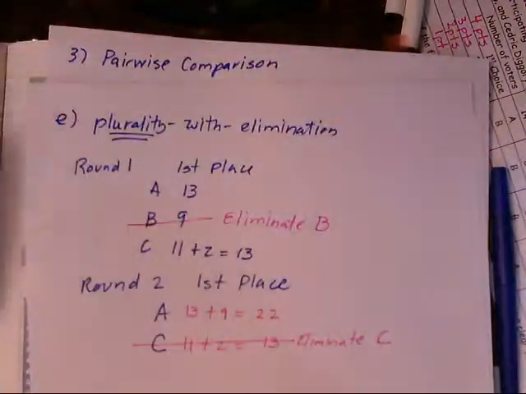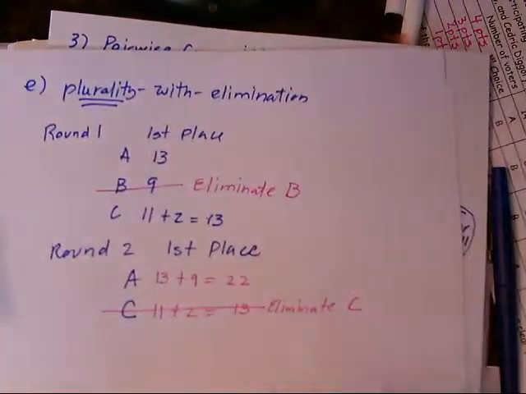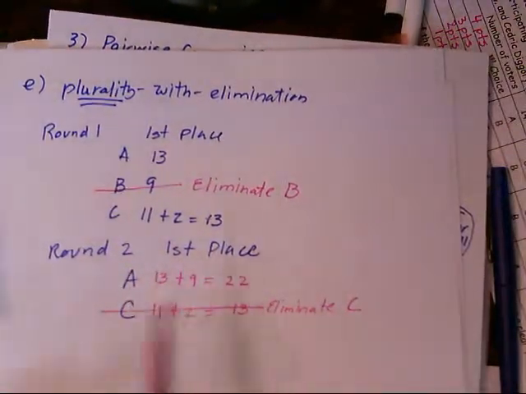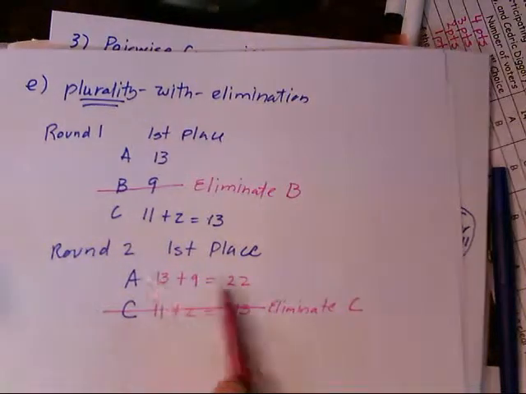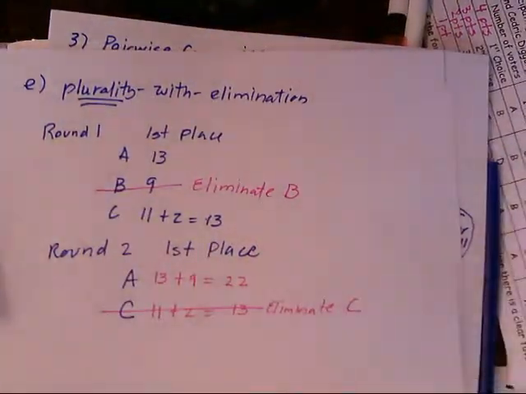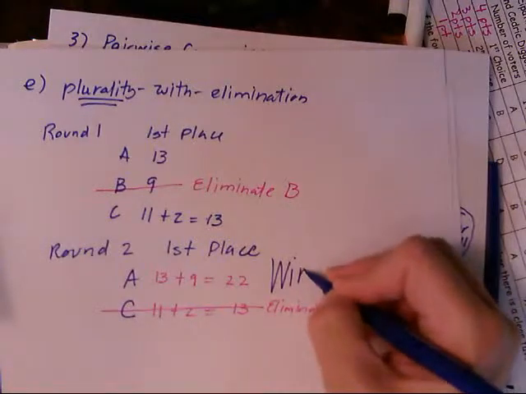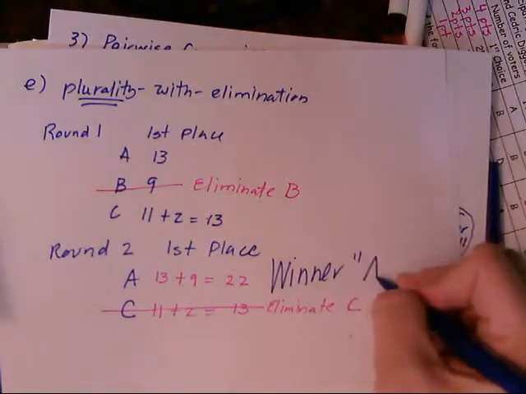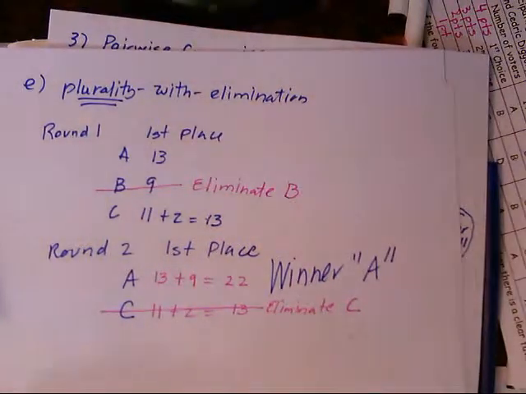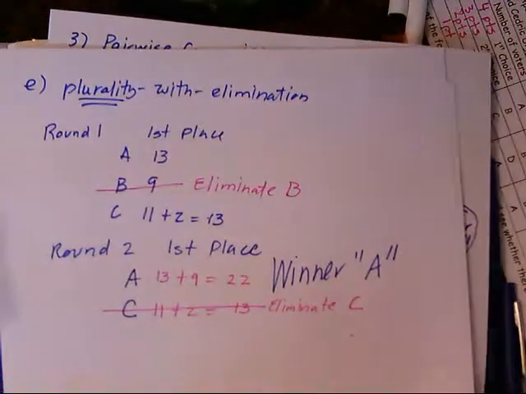When we look at them this way, eliminating the one with the fewest votes and taking into account their second choice, we get the winner as A, using the plurality with elimination method.